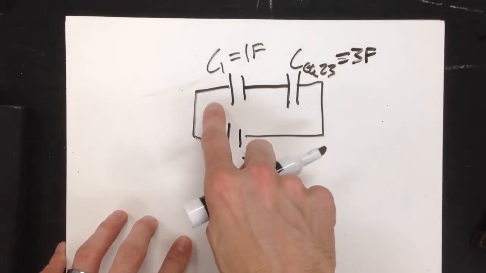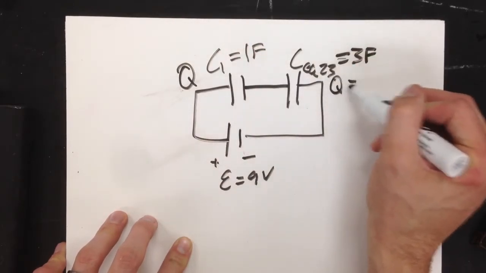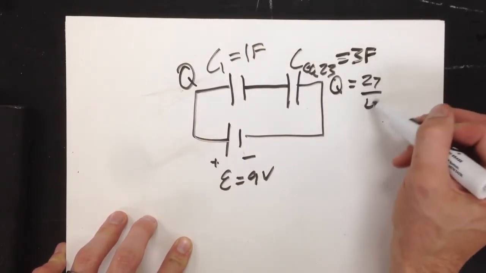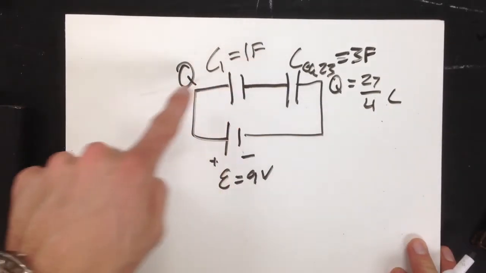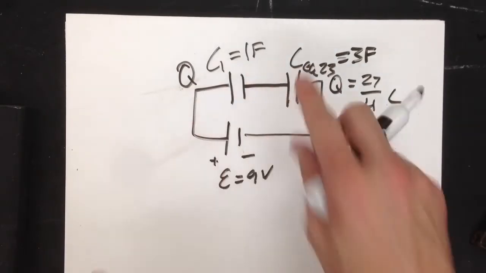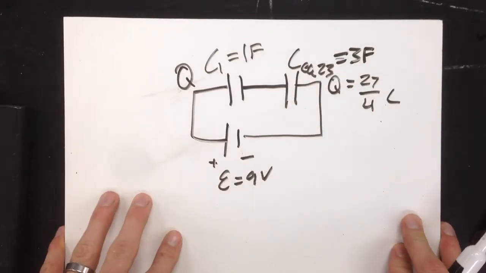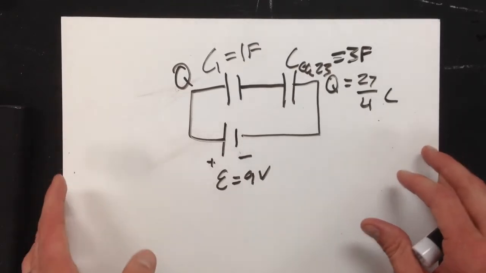But now I know that they both have a charge of 27 over 4 coulombs. Well, now I know the capacitance and I know the charge, so I can solve for the voltage across each of those.